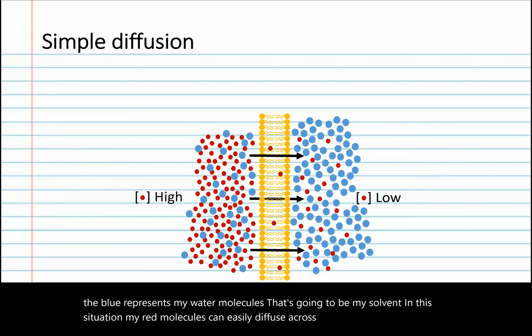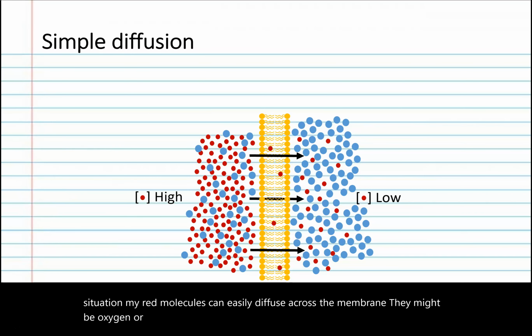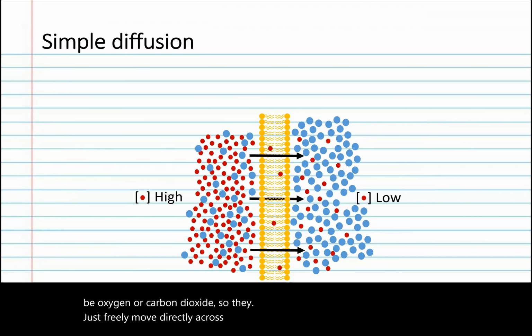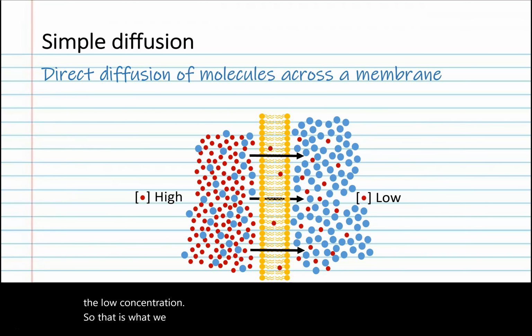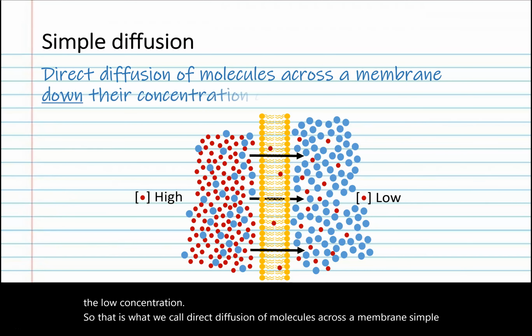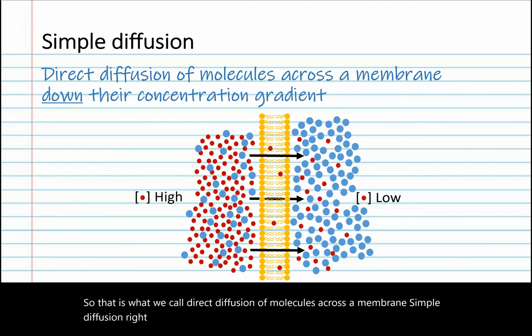They might be oxygen or carbon dioxide. So they just freely move directly across the membrane from the high concentration to the low concentration. That is what we call direct diffusion of molecules across a membrane, simple diffusion. Right? They're going down their concentration gradient.